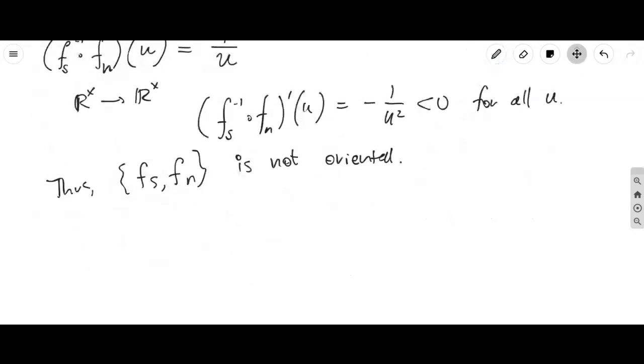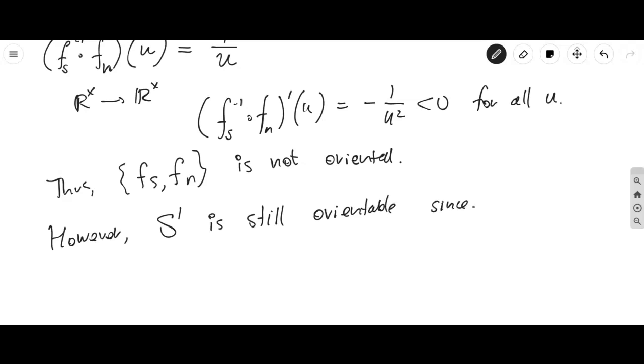And now to get back to the point that I wanted to say again, however, the circle is still orientable since it has an oriented atlas. So it just means that this atlas is not oriented, but you can make it oriented in a very simple way.